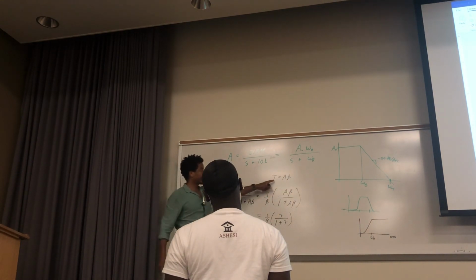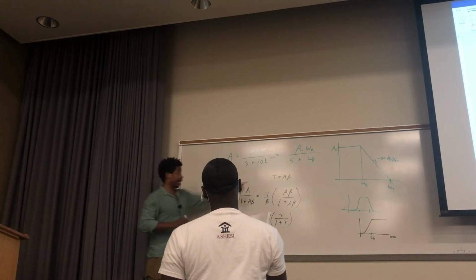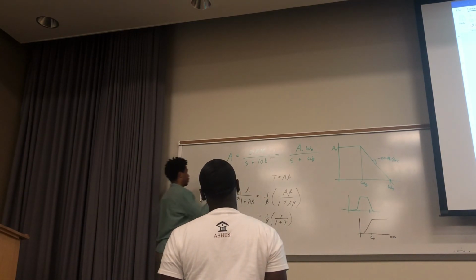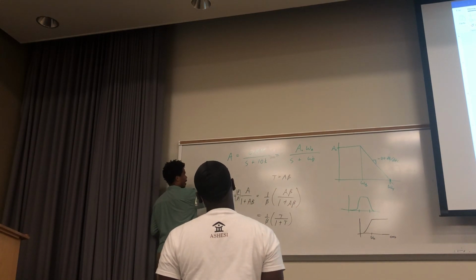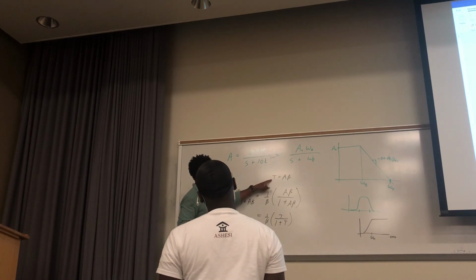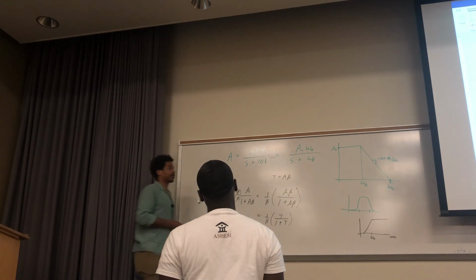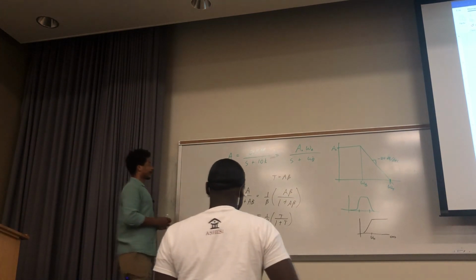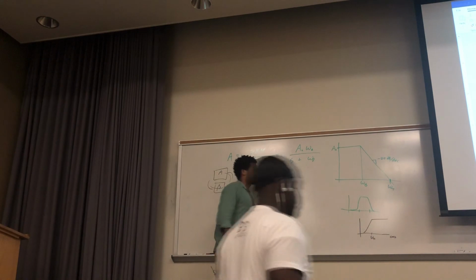T's the loop gain, because your signal is going through A and then it's coming back around and going through beta. That whole thing is what is called loop gain. Yeah, that's right. All right, cool.